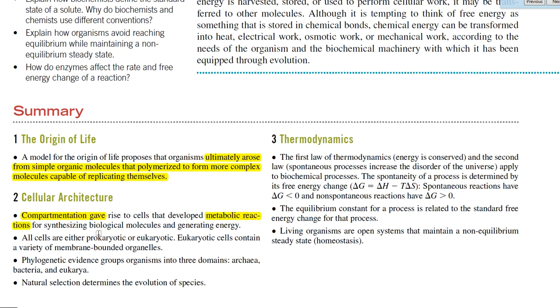Cells can be either prokaryotic or eukaryotic, and eukaryotic cells are more complex, having membrane-bound organelles. Phylogenetic evidence shows that there are three domains: archaea, bacteria and eukarya, and natural selection will determine which organism will evolve and proceed further.